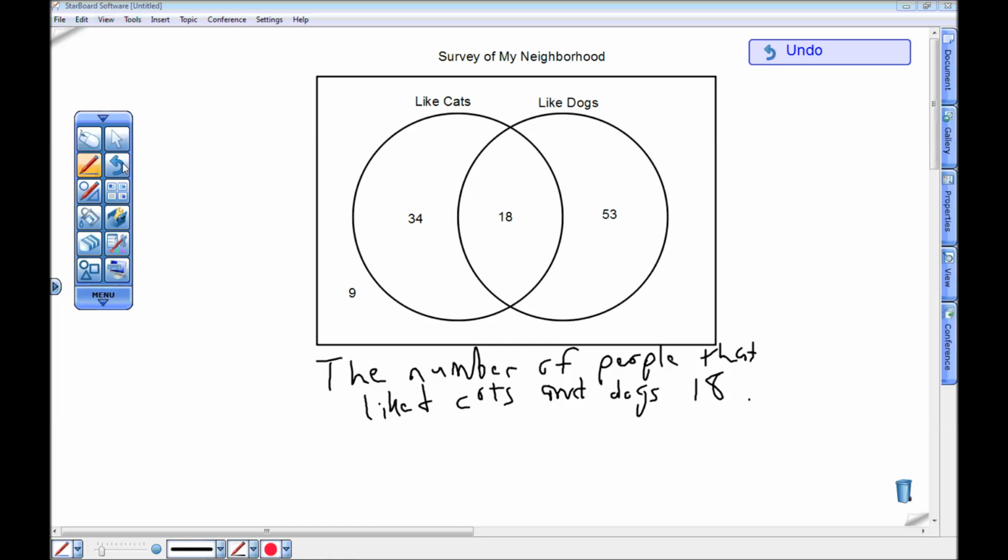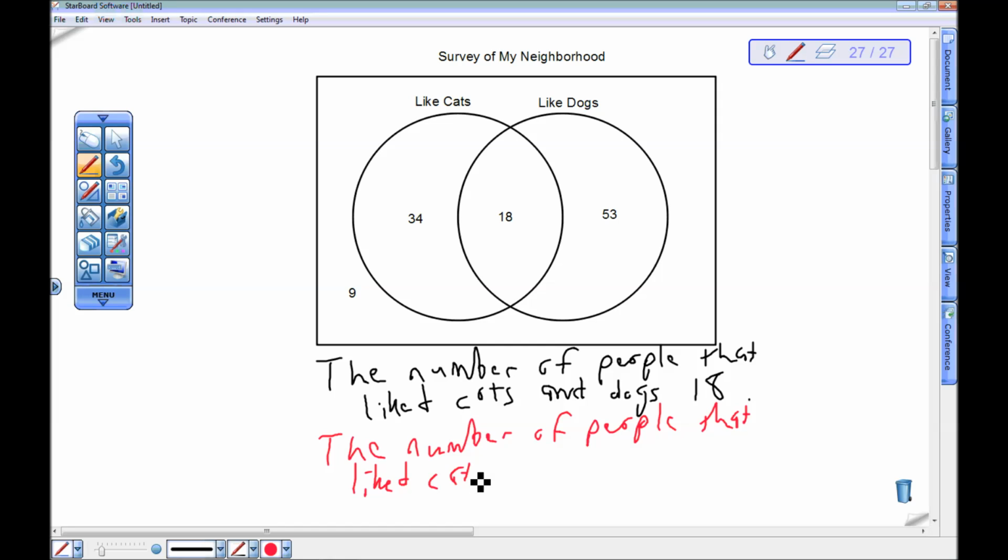So the number of people that liked cats but not dogs was 34. It is actually a lot easier for me to say and understand that statement, I think, than it is to look at the Venn symbols for that.